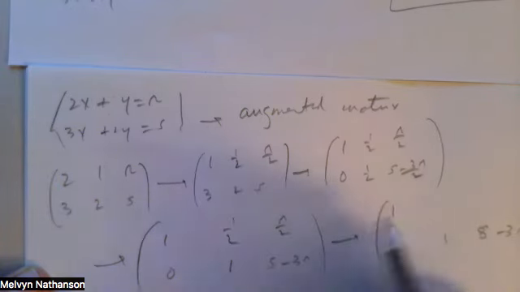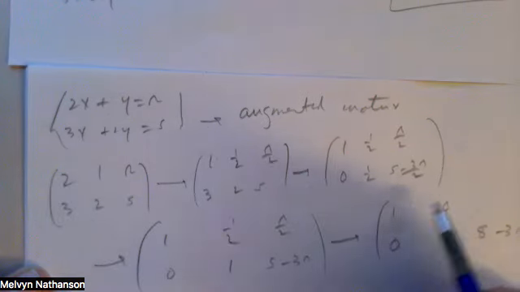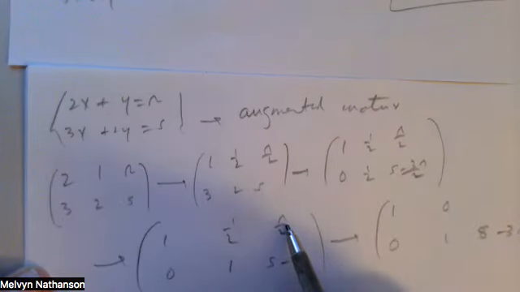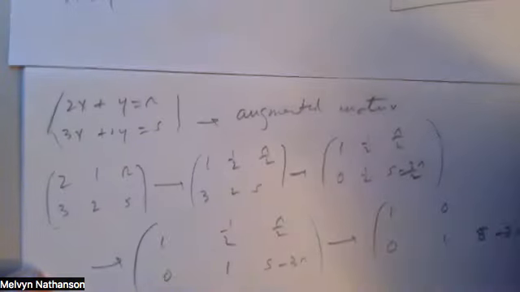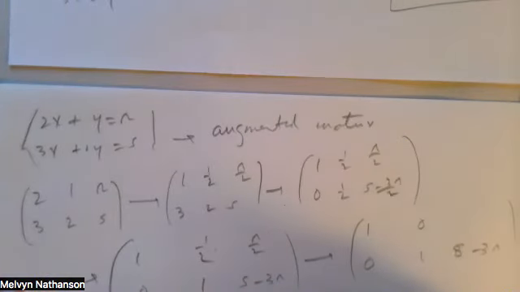1 minus 0 is 1. A half minus a half is 0. R over 2. Let me just leave this up here. I have R over 2 minus a half S minus 3R.